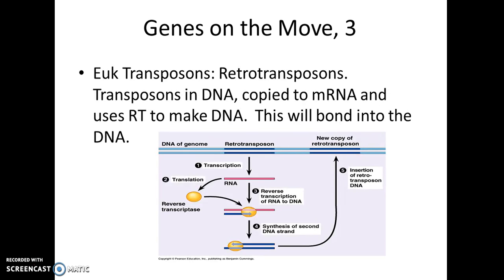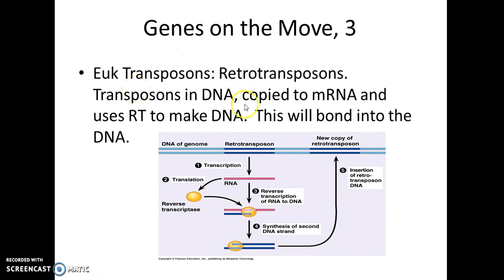Now, eukaryotic transposons. There's only one type of eukaryotic transposon. It's called a retrotransposon. It's not an old-fashioned transposon. What retrotransposons do is they're transposons in the DNA. They're copied into mRNA, and they reuse the enzyme reverse transcriptase to make DNA, and that will insert itself into a new spot in your DNA.